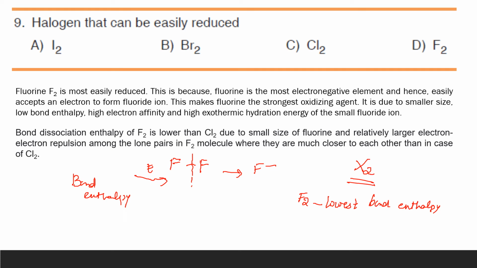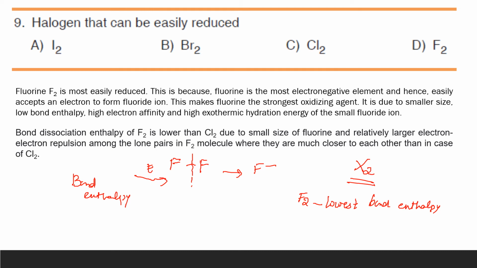That is actually opposite to what we expect. That is because in the fluorine molecule, the atoms are highly electronegative and smaller in size. Therefore, they experience a sort of repulsion. So they have a greater tendency to break into fluoride ion. That is why fluorine gets easily reduced.